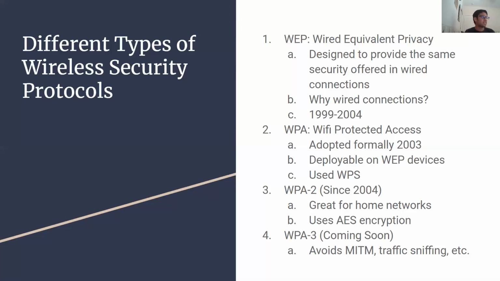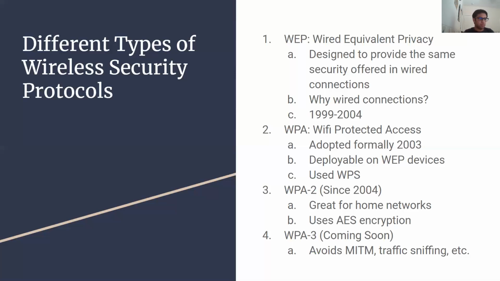WPA2 is the third type of wireless security protocol. It was adopted around 2004. This is great for home networks, and it uses AES encryption. This is what is used right now on your home network, most probably.